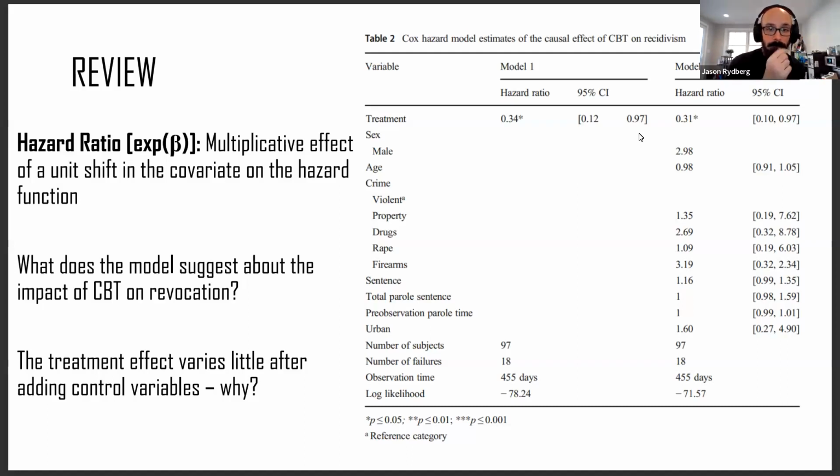So think about this. What do these results suggest about the impact or the causal effect of participation in the cognitive behavioral treatment on the hazard of a parole failure? Pause it, Jeopardy music, think about it.